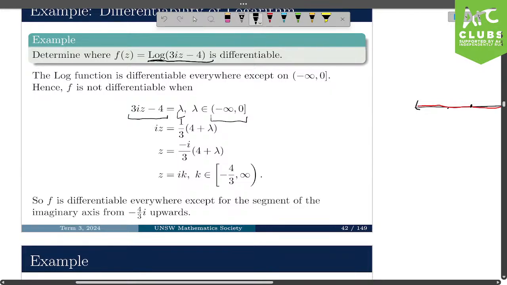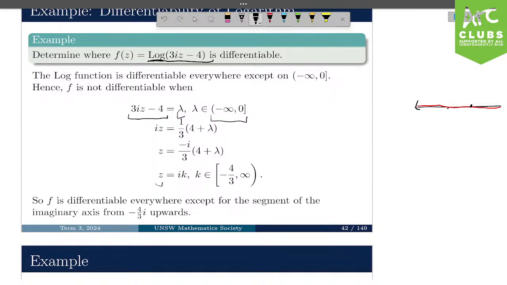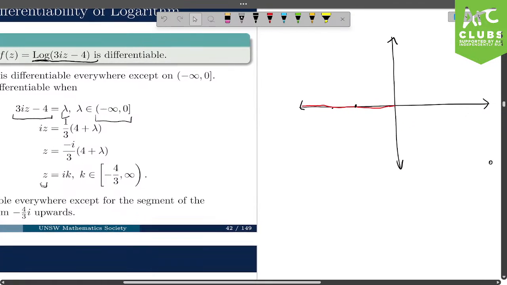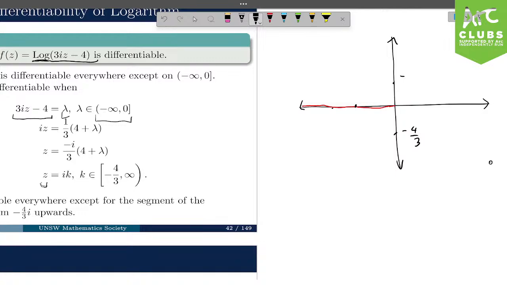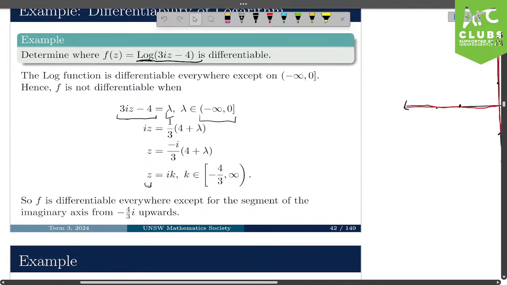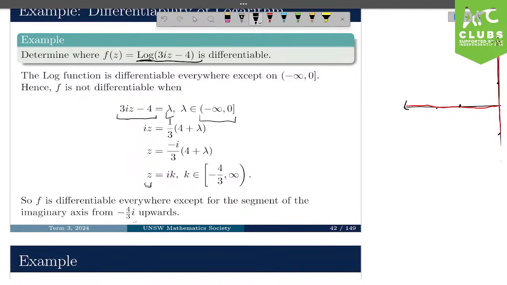And when we actually solve for this, we get that if z is on the imaginary axis, between minus 4 on 3 all the way up to infinity, that's when f would be not differentiable. So f is differentiable everywhere except for the segment of the imaginary axis from minus 4 over 3i upwards.